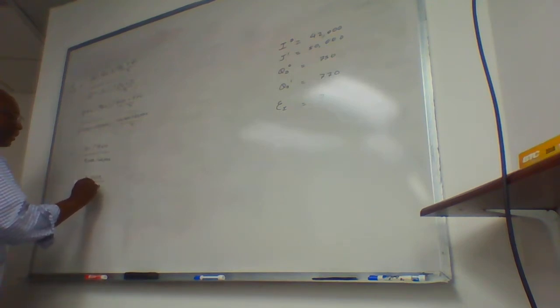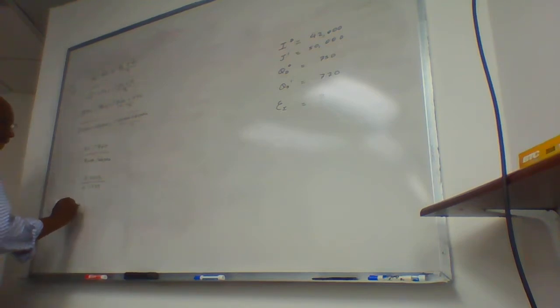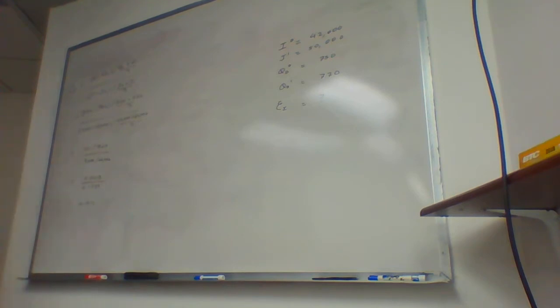What's after the 9? 1. Okay. And 0.0263 divided by 0.1739 is 0.1512. And after the 2? 3. Now, any negative signs anywhere? No.